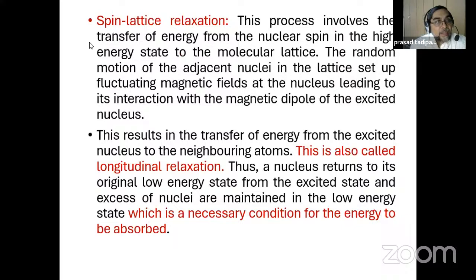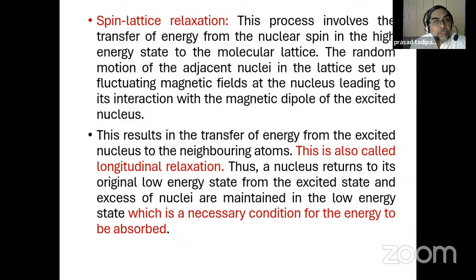And this process, the spin lattice relaxation process, involves the transfer of energy from the nuclear spin in the high energy state to the molecular lattice.